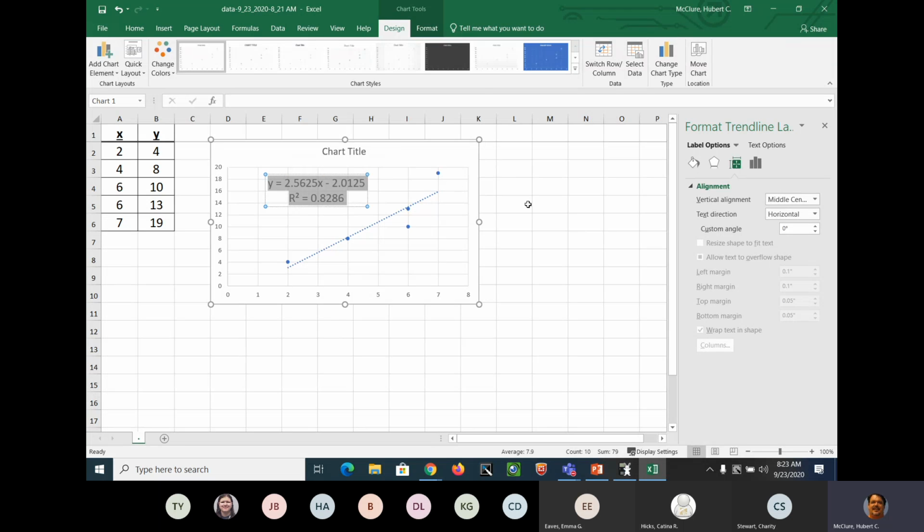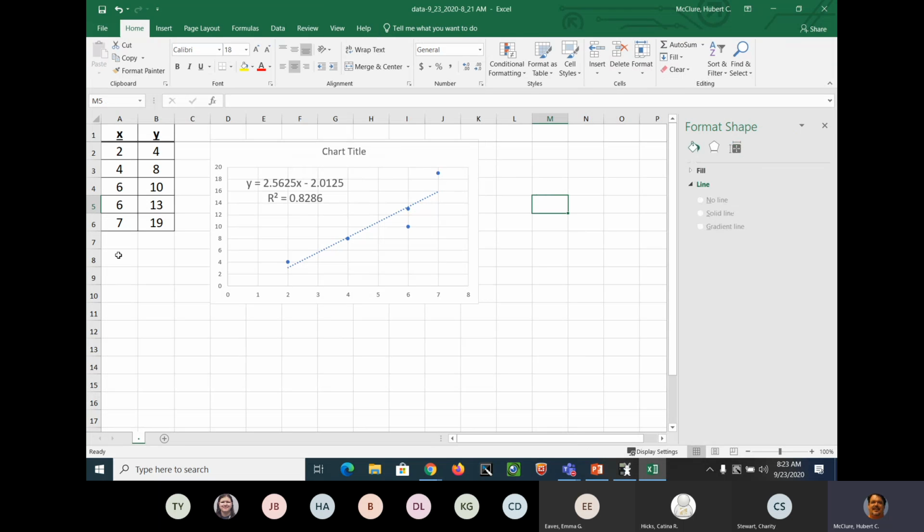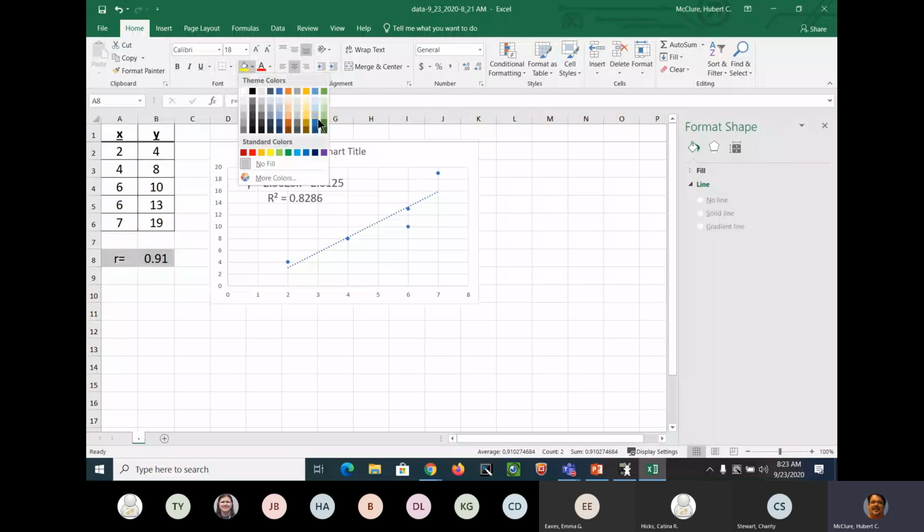Now, since we don't have R, I'm going to say R is equal to 0.8286 raised to the 1/2 power, or 0.5 power, or the square root. So we do have a correlation. It's 0.91. That's important.